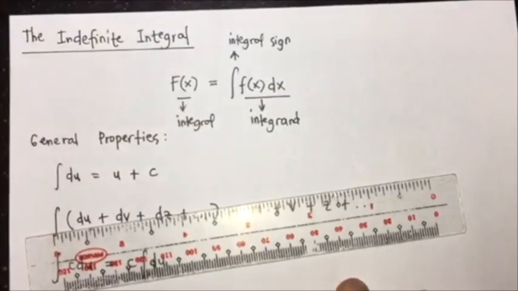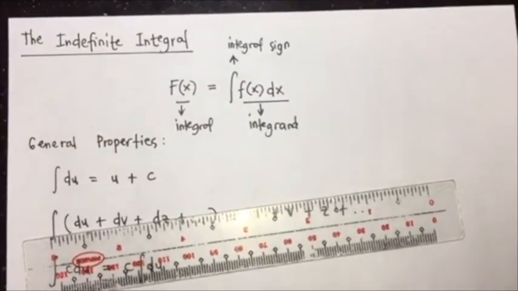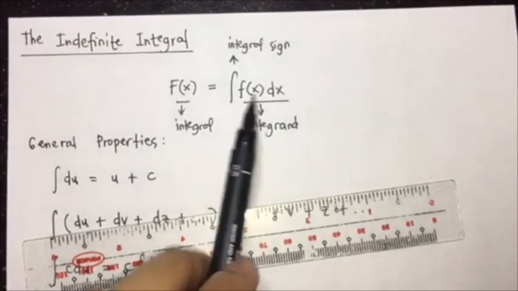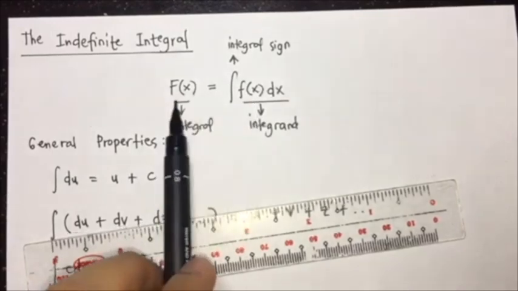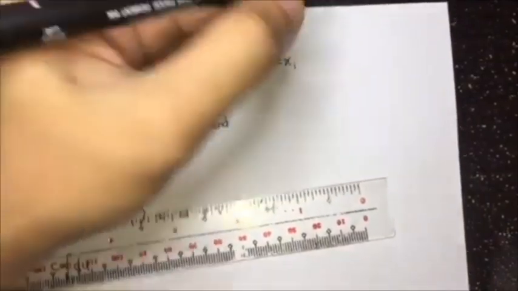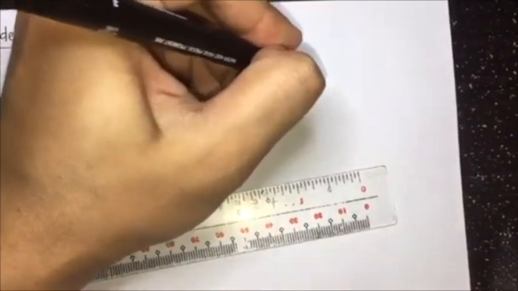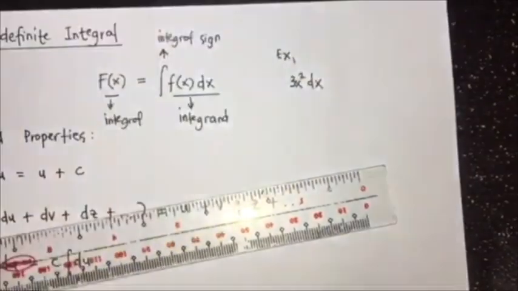Okay, so as I've said, integration is the opposite of differentiation. So if we are given a differential, then we solve for the original function. Say for example we have a differential of 3x squared dx.